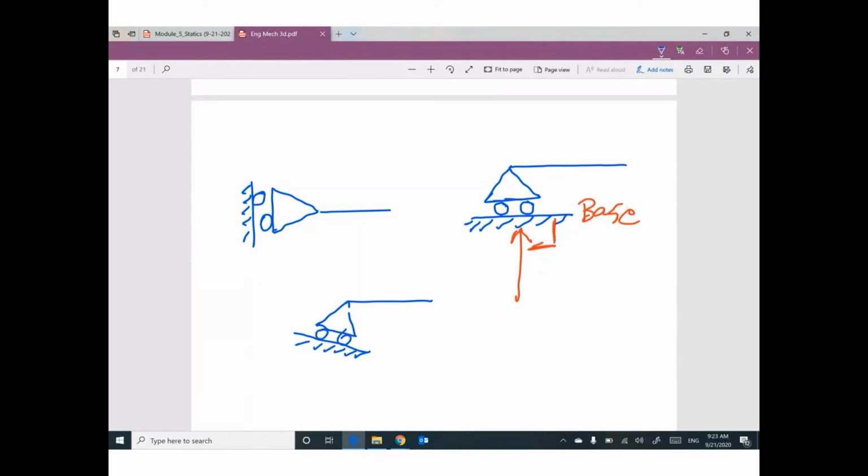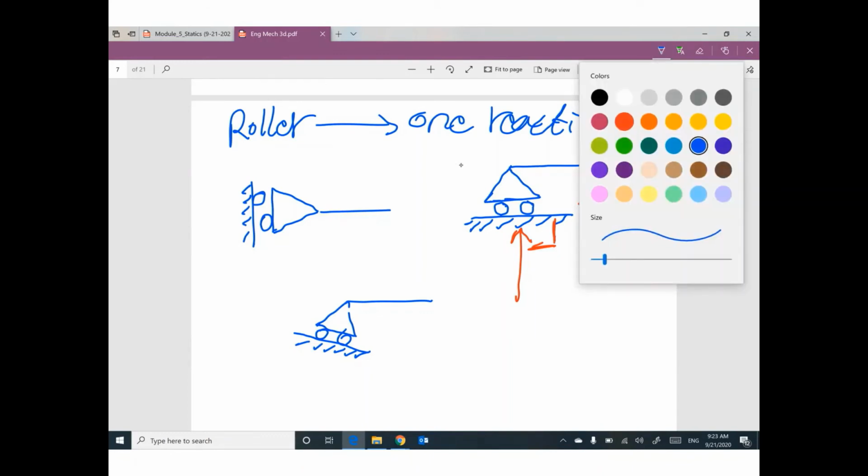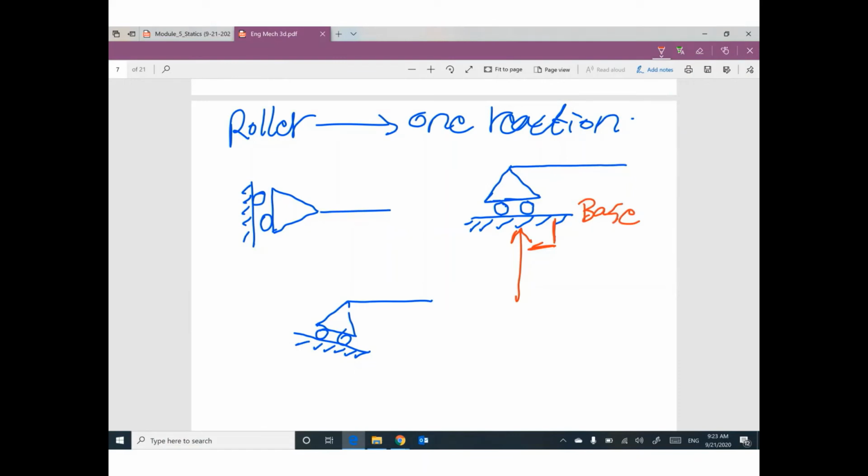So if you have a roller support, we have one reaction as a force. This reaction is perpendicular to the base of the roller. That means your reaction here will be in this direction, perpendicular to this base, like this.